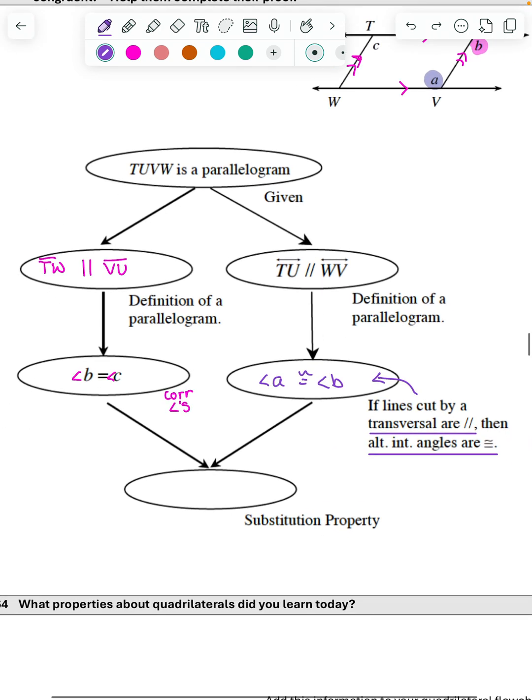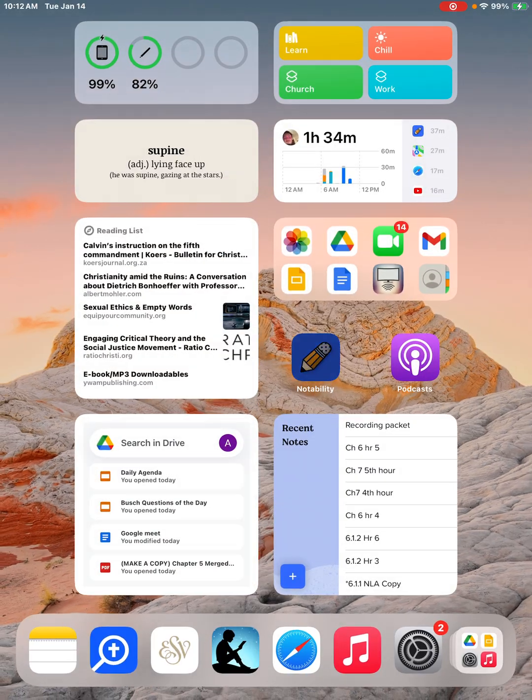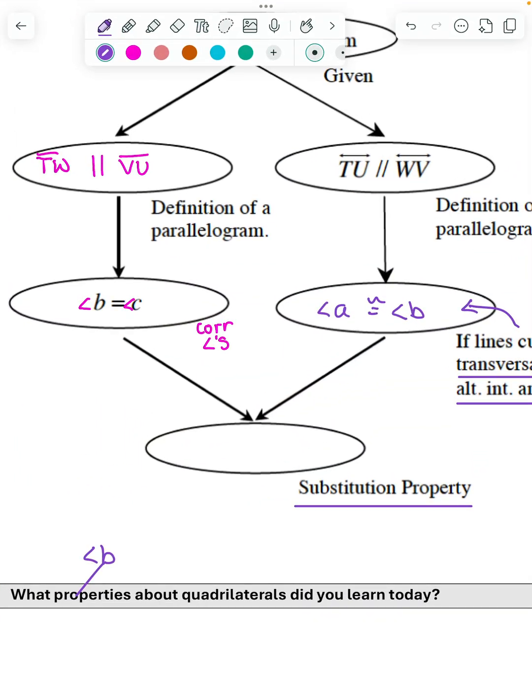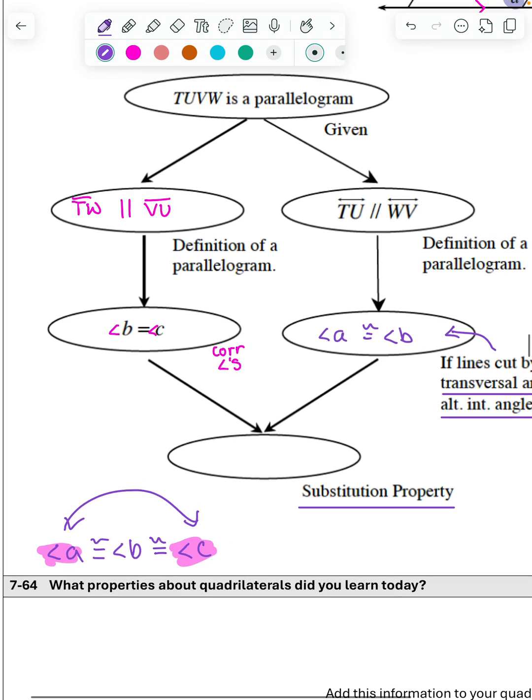All right, here is where we have something new called the substitution property. The substitution property here can be used like this. We said angle B is congruent to angle C, right? But we also said that angle B was congruent to angle A. So if A and C are both equal to B, then it's fair to say that A and C are equal. And this is what we call the substitution property.